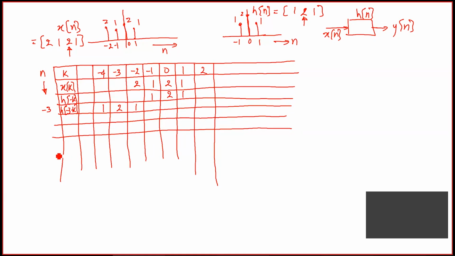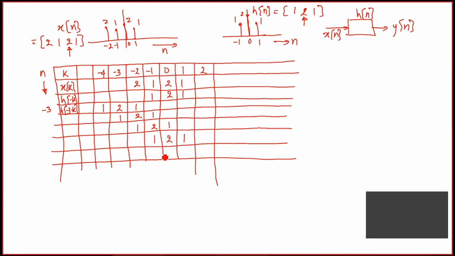So if we just now keep shifting, let's see what we end up getting. So this will be 1, 2, 1 here. So this will be again 1, 2 and 1 here, 1, 2 and 1 here, and this is coming back to your original location, and it will keep going on and on because we had so many terms.